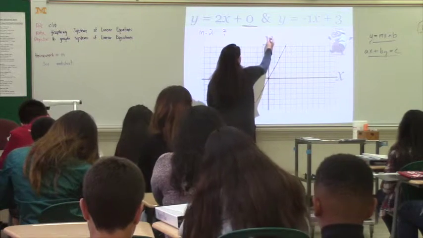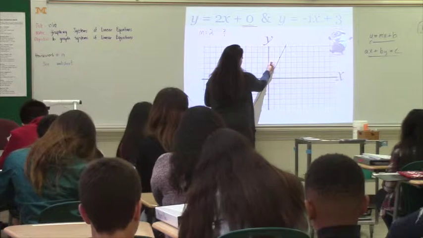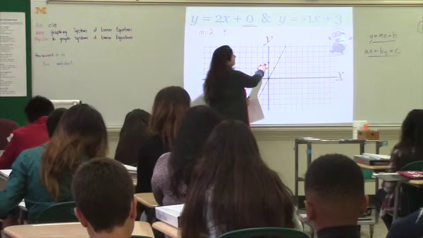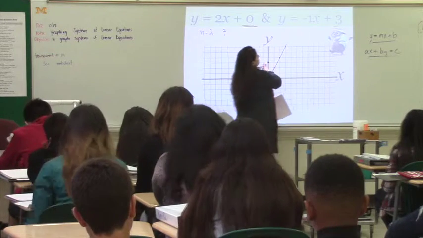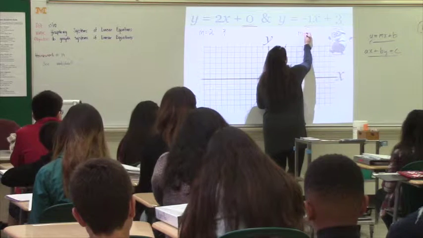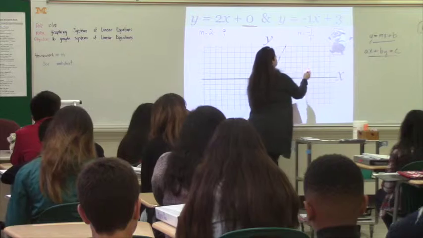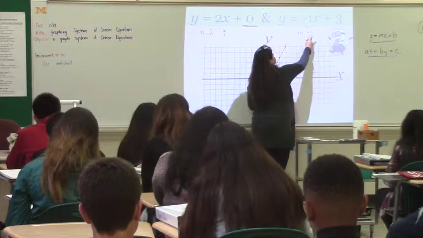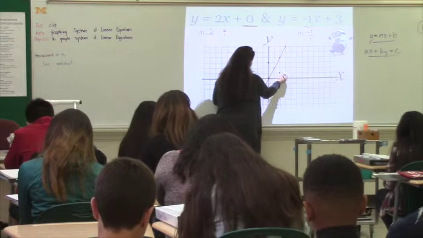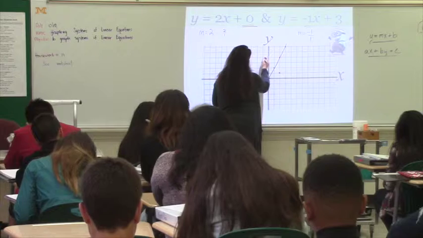So here's your y-axis. You go up 3 and put a dot. That's where you begin. And now how do we move? This tells us how we move. Our slope is negative 1 over 1. So we're going to go down 1 and to the right 1. From this point, down 1 to the right 1.